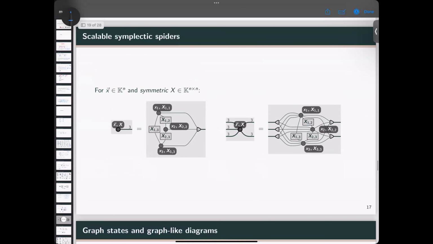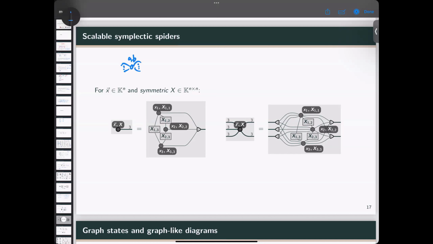Now, the real thing that I'm excited about, or at least one of the things that I'm excited about, is the following definition, which I'm going to give here quite informally, of scalable symplectic spiders. Now, the graphical language that I just gave you has these spiders which are labeled by elements A, B of the field.